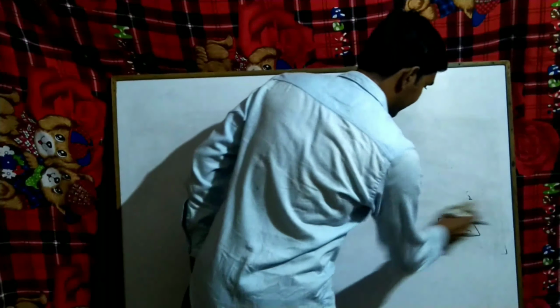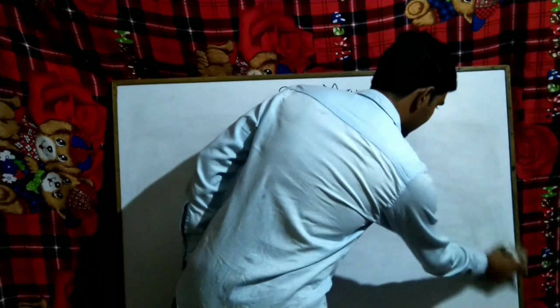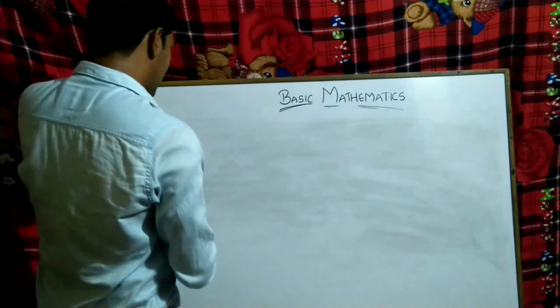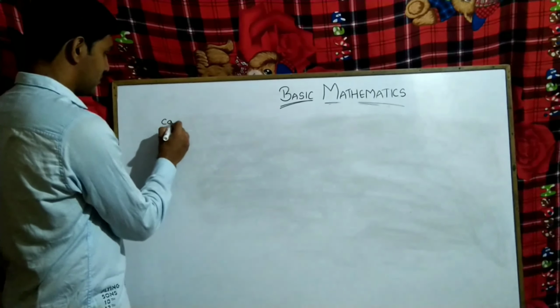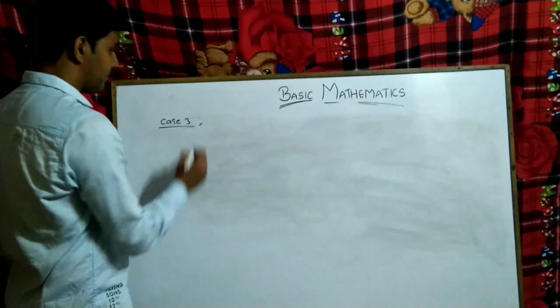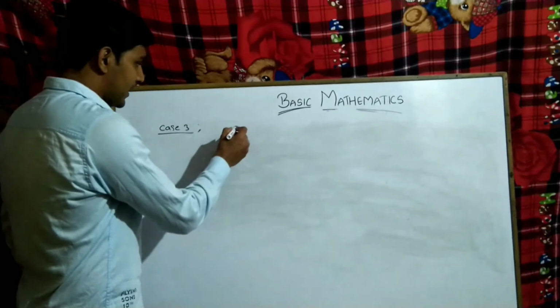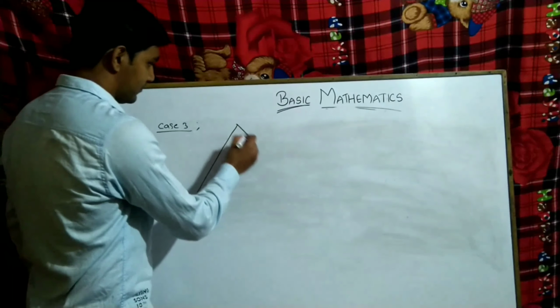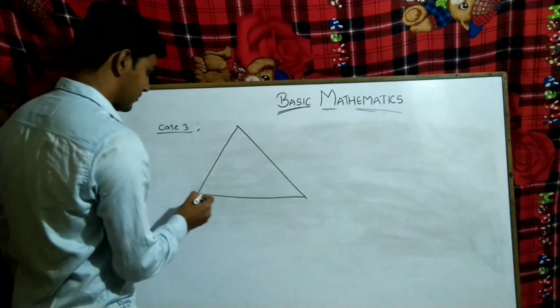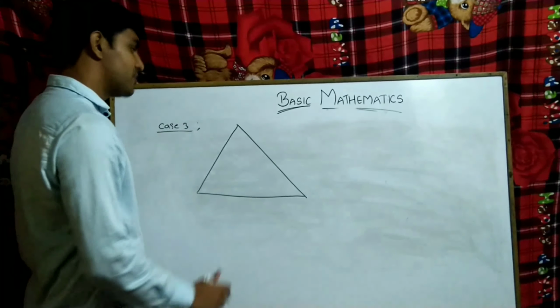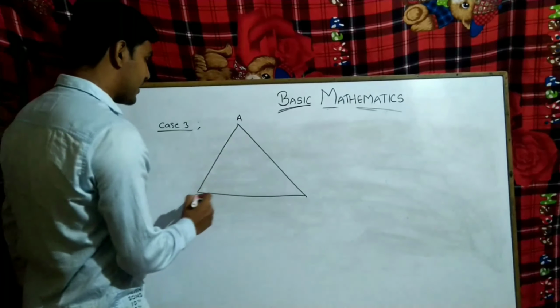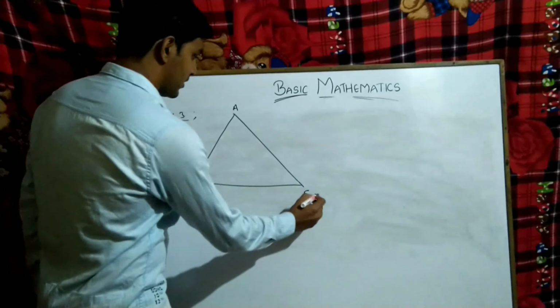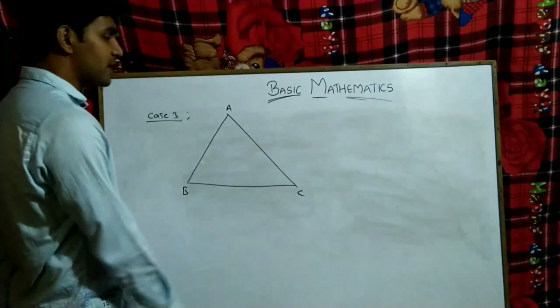Okay. So now case 3. If I take a triangle, which triangle? Isosceles triangle. In isosceles triangle, two sides are equal.